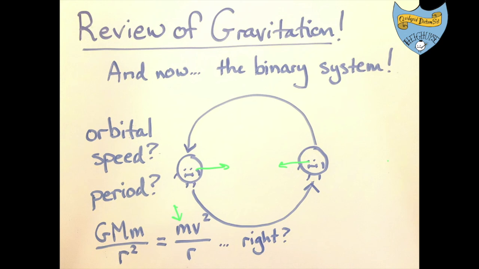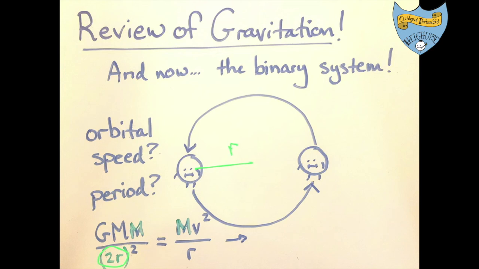And if you think about it, we'll end up getting V equals root GM over R. Again, actually, that's wrong. And the problem with this comes in when we think about what we mean by R in each of these equations. We don't mean the same thing. The R for the gravitational force formula would actually be, we're going to call it 2R, where R is the radius of the circle.